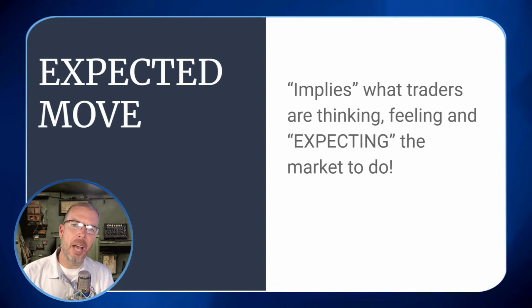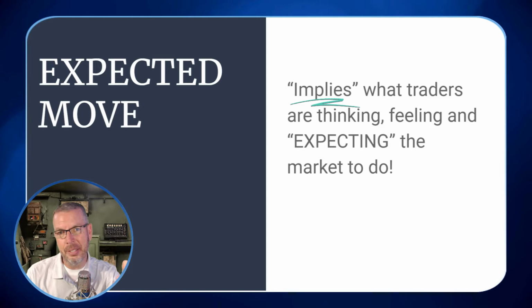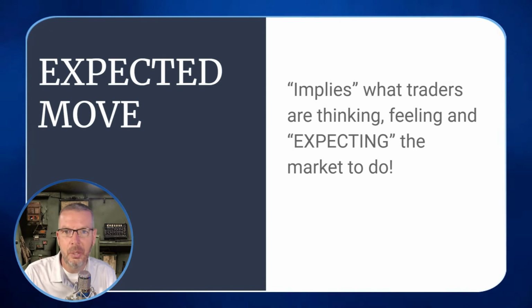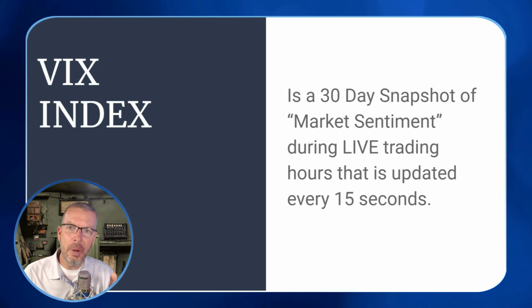So the more traders that are willing to pay for those options implies that they expect that the stock will move at least by the amount that they paid for those options. Otherwise, they would not have purchased the options for that price in the first place. This option pricing and what traders are willing to pay for options implies what traders are feeling and thinking or expecting the market to do. So hence, this is where we come up with the expected move. So how much do market participants expect the market to move?